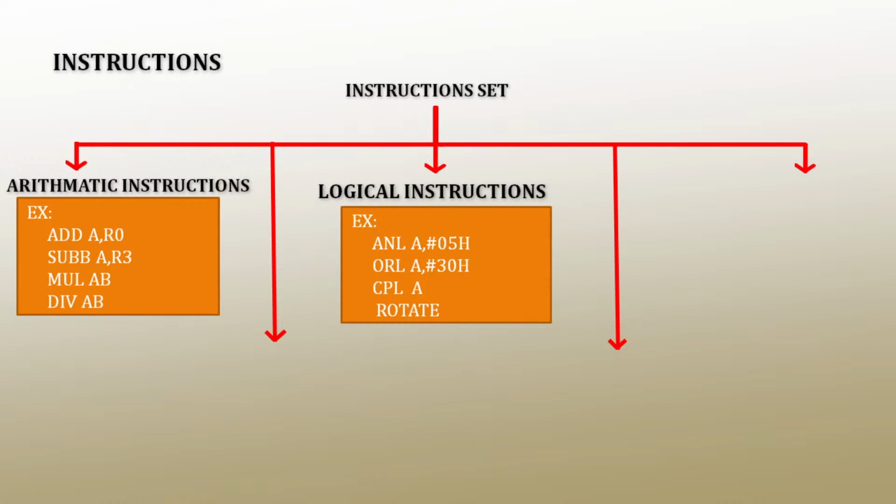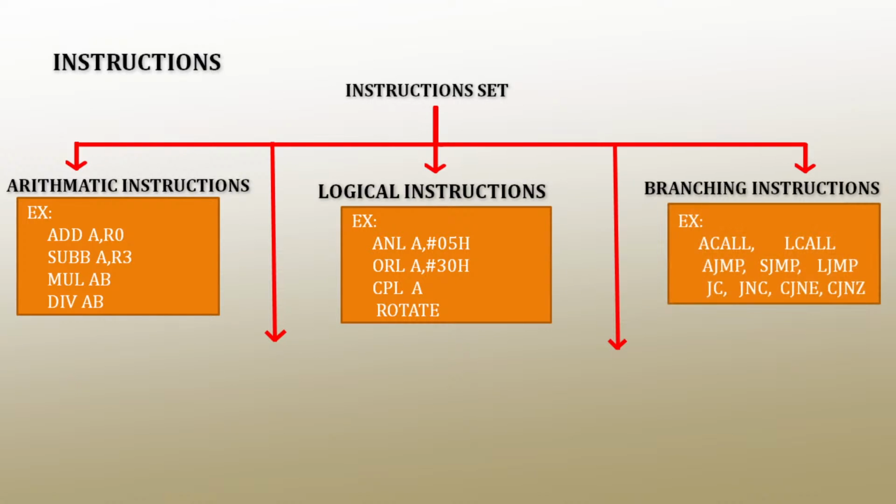Next one is branching instruction. What is branching instruction? ACALL, absolute call, LCALL, long call, AJMP, absolute jump, SJMP, short jump, LJMP, long jump, JC, jump carry, JNC, jump no carry, CJNE, compare jump not equal, DJNZ.